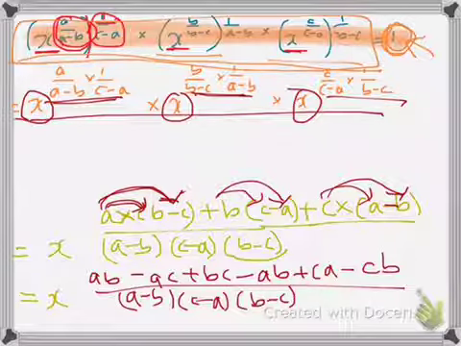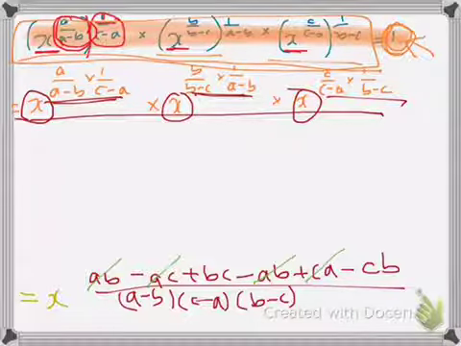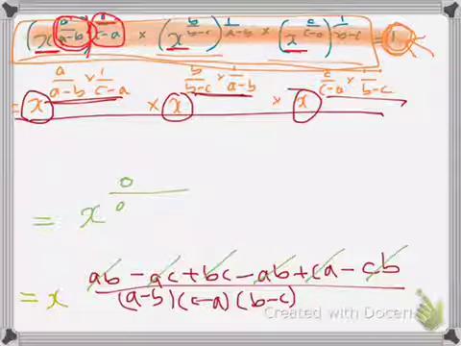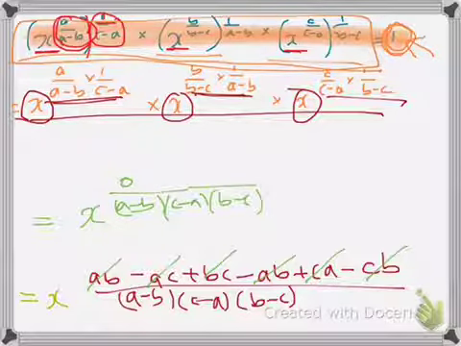I've written it as it is. Now if you look at this numerator part clearly, we can see that there is positive and negative ab, negative ac and positive ca. It's the same, positive bc and negative cb. So we can write x to the power 0 divided by something, which is a minus b, c minus a, and b minus c. So this gives x to the power 0, which is equal to 1.